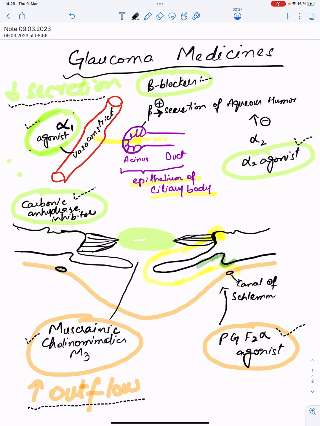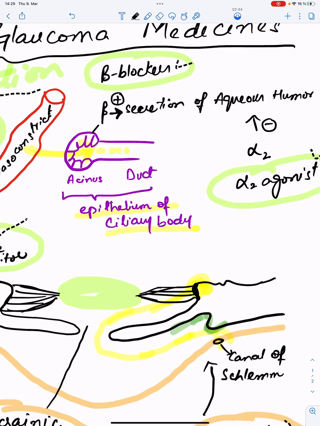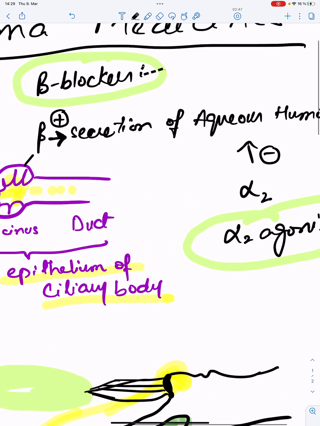The next thing is that this epithelium has beta receptors, and beta receptors are involved in the secretion of aqueous humor. So when we use a beta blocker, then there is again reduced secretion of aqueous humor.